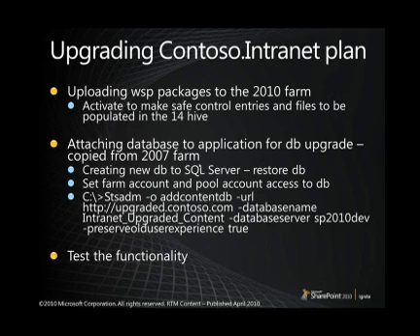Then we needed to ensure that the farm account and pool account have access to that database, and the following step is to attach that content database to whatever web application. In this case it was attached to http upgraded.contoso.com, and the database name, which was already located in SQL Server, was intranet upgraded content.